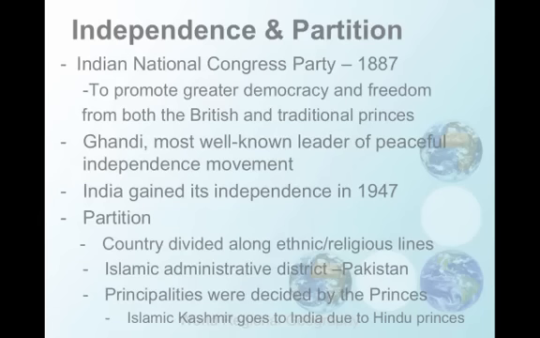Principalities were decided by the princes that ruled them. So for instance, the region that is known as Kashmir went to India because the prince at the time was Hindu, and so decided to align himself with India, which had a much larger Hindu population than did Islamic West Pakistan.